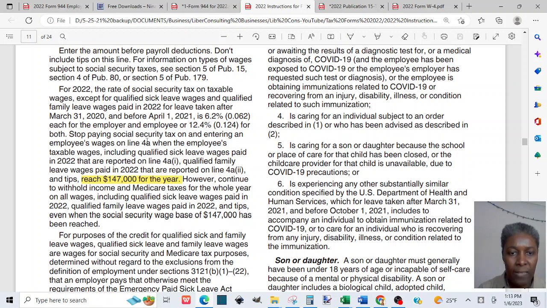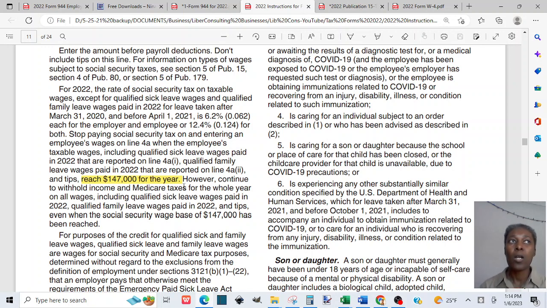Stop paying social security tax on and entering an employee's wages on line 4A when the employee's taxable wages, including qualified sick leave wages paid in 2022 that are reported on line 4AI, qualified family leave wages paid in 2022 that are reported on line 4AII, and tips reach $147,000 for the year.